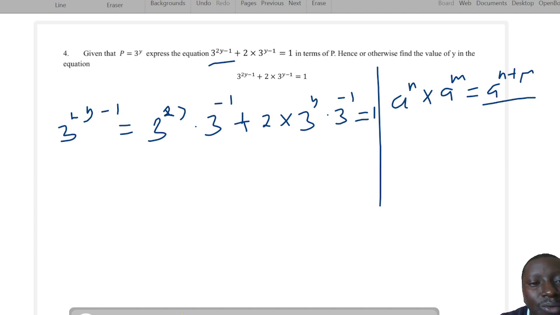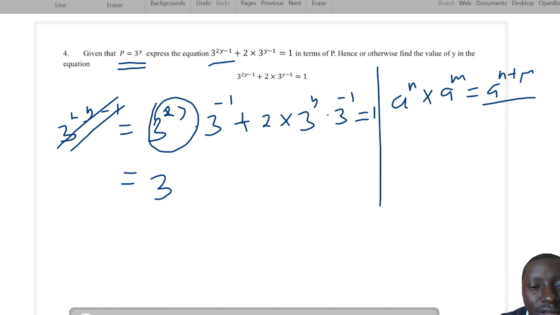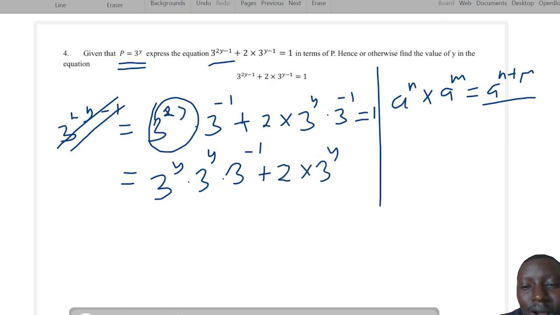But you see, we have been given the value of p as 3 to the power y. So I'll go ahead and further split this one here. That implies I should be able to have it as 3 power y times 3 power y times 3 power negative 1, then plus 2 times 3 power y times 3 power negative 1, and all this is equal to 1.